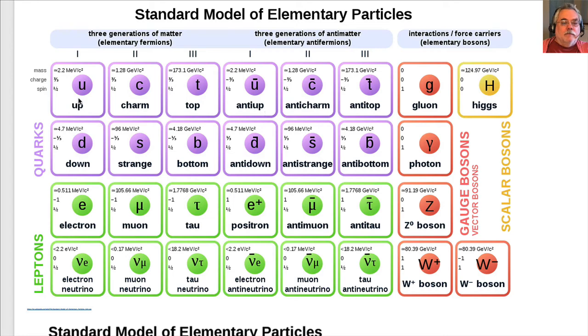The particle symbol for up is U, and the particle symbol for anti-up is U overbar. However, the antiparticle for the electron, the anti-electron, is always called the positron, and it's represented as E+.